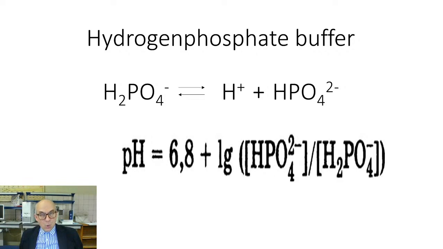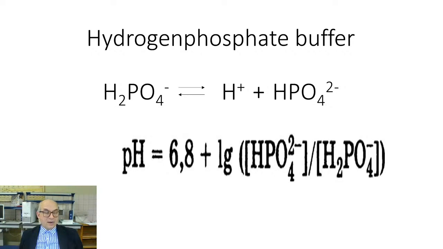And in this point, let's consider why did we use the second stage of dissociation of phosphoric acid? Because pKa1 is about 3, pKa2 of phosphoric acid is about 7, 6.8 exactly, and pKa3 for the third stage of phosphoric acid ionization is about 12, and everything else 11 or 12.